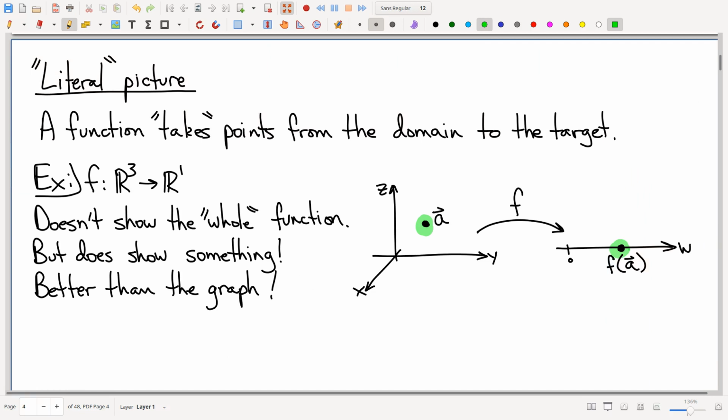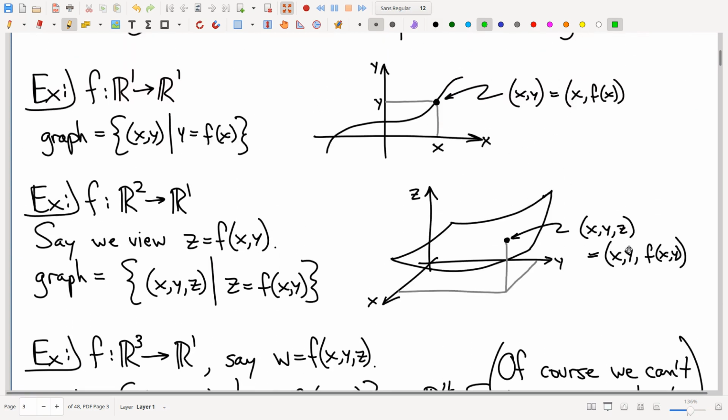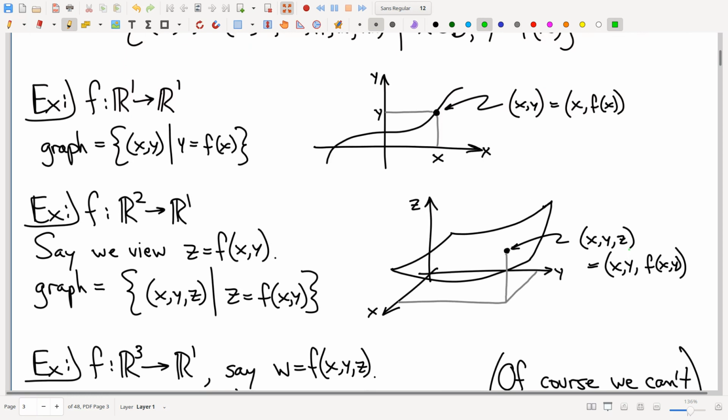So why am I so excited about this seemingly obvious disappointment of a picture? And here's why. The comparison that I just made was a grossly unfair comparison. Here I'm drawing a picture of a function of 3 variables, and I was comparing it to these much easier functions that have only 1 or 2 input variables.